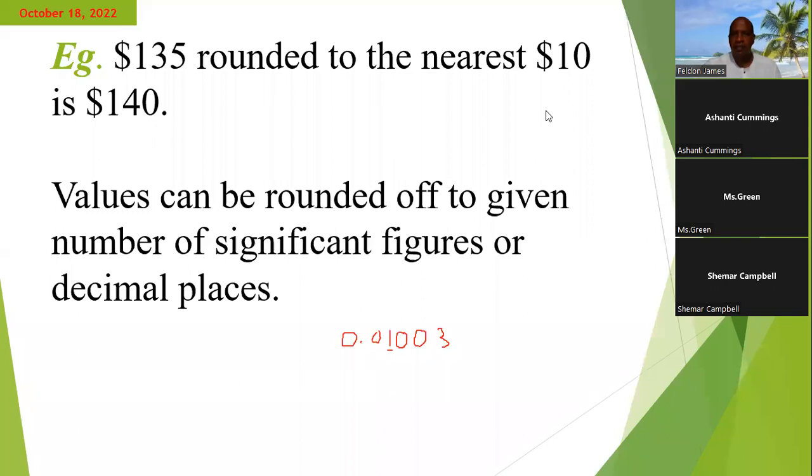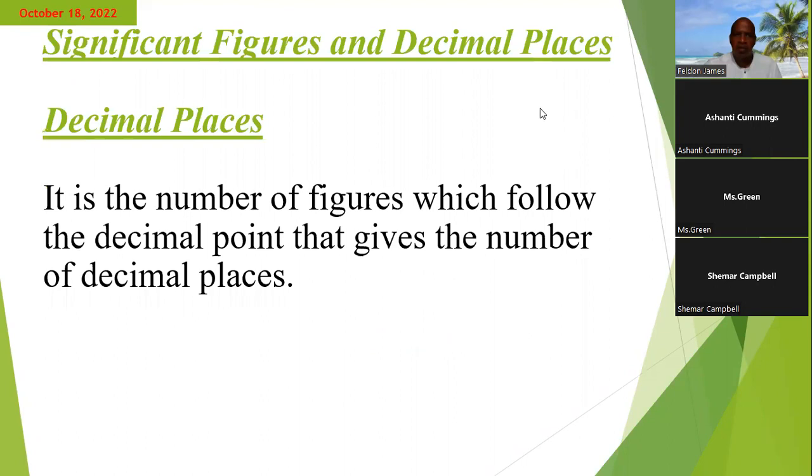All right, so with all of that said, let me see if I can shine some more light on what we're doing. So we say that for decimal places, it is the number of figures which follow the decimal point that give the number of decimal places.